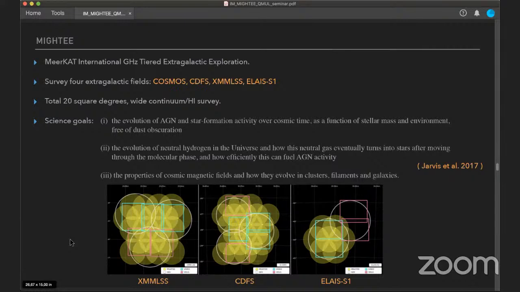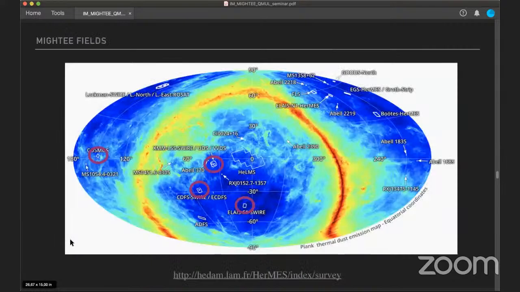So for our work, we have taken the data from the COSMOS observation, which I'll come to later. In this plot, I show you the 4 fields accessed by the MIGHTEE survey. And you can see that all 4 fields are quite far from the galactic disk, where the diffuse synchrotron emission is maximum.